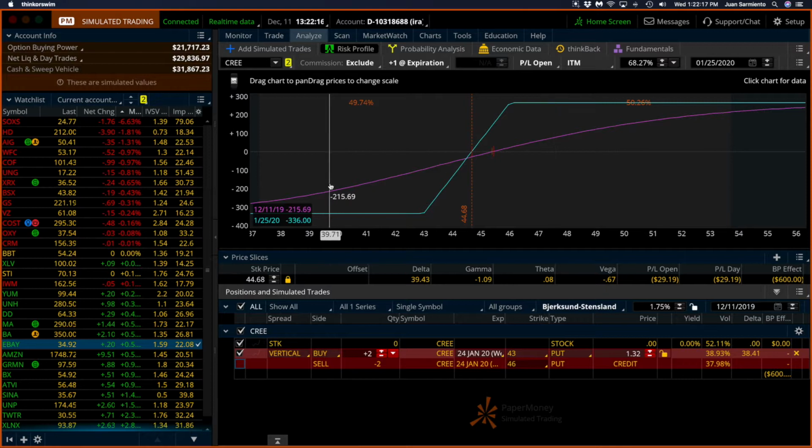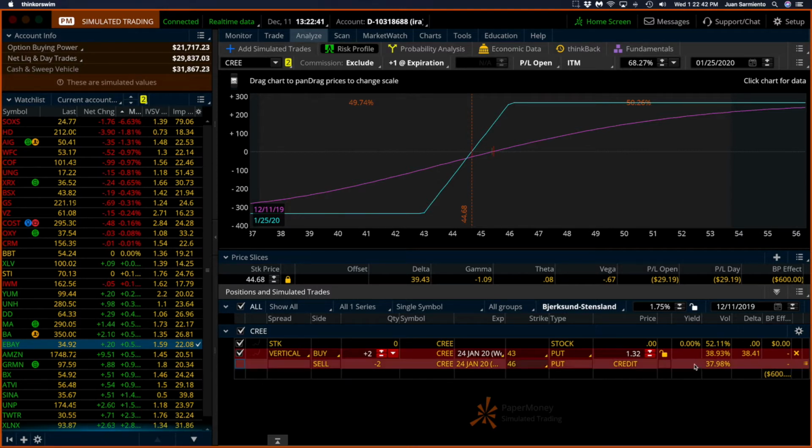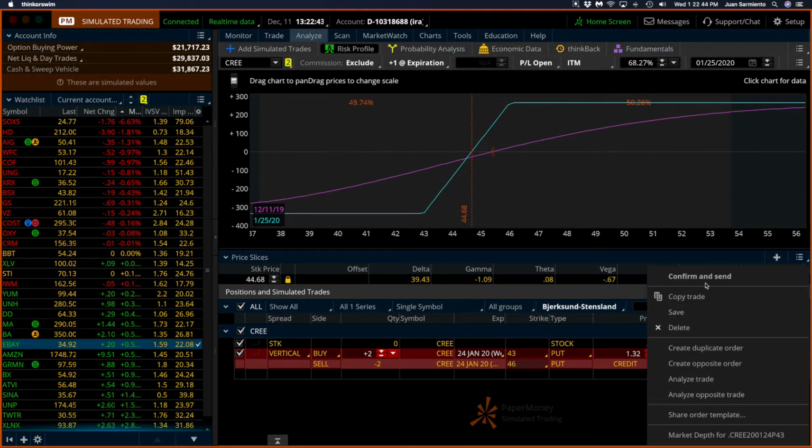It seems less than ideal because what we want is something very close to like investing 300 to make 300, that kind of thing. When it is less money, it's because it's more probable that you end up with a profitable trade. Okay, so it's not ideal, but I'm entering it anyway. It's a good bullish trade.